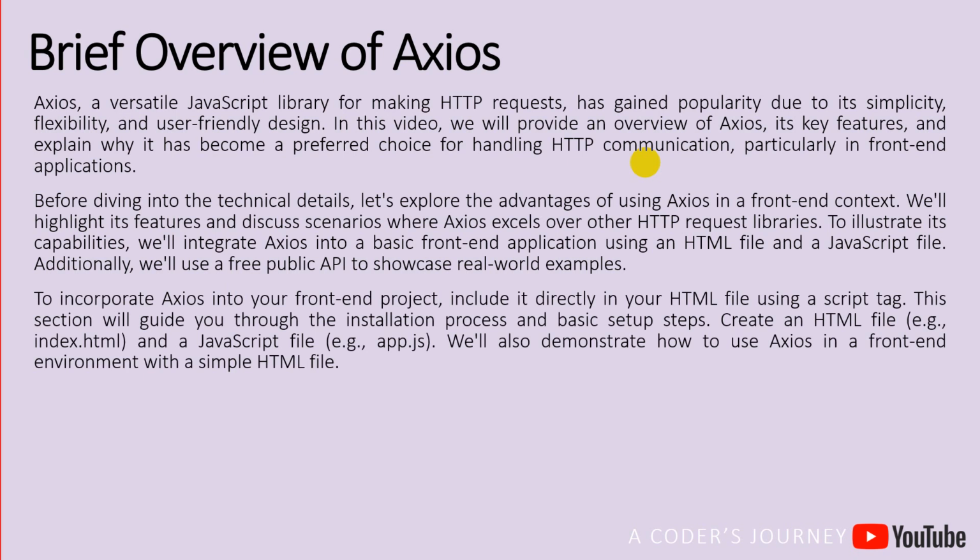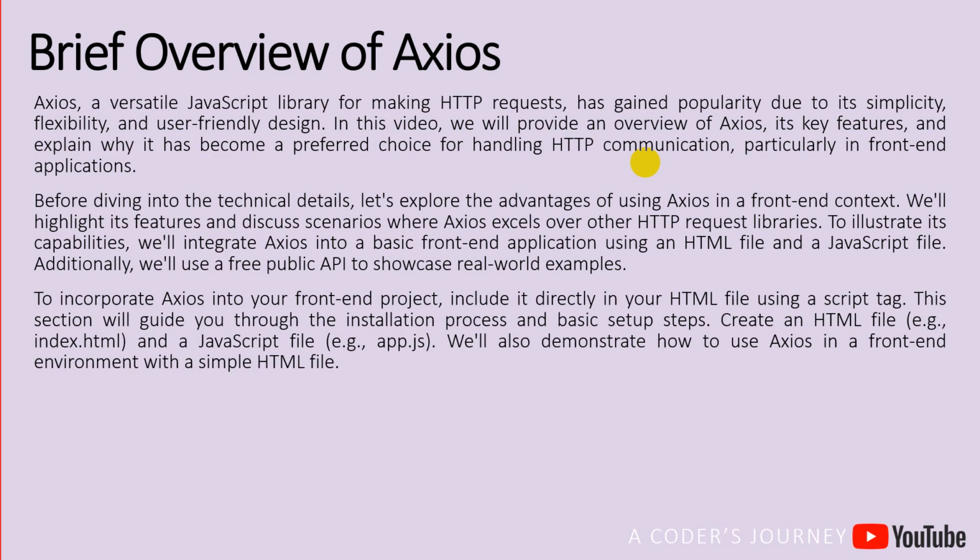Now, to incorporate Axios in your front-end applications, you can include it directly in your HTML file using a simple script tag, which we will do in the next video. And then we will talk about the installation and the basic setups that you need to go through.